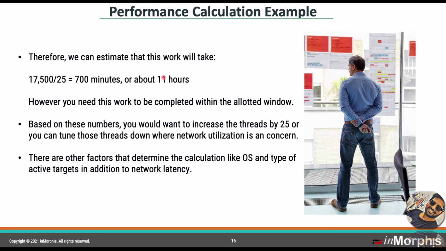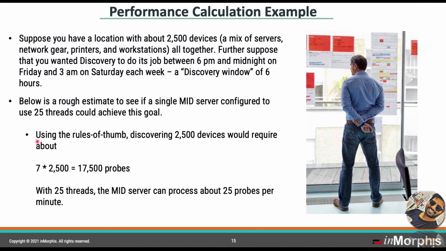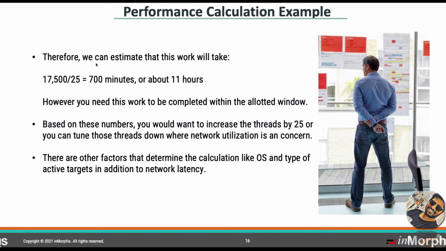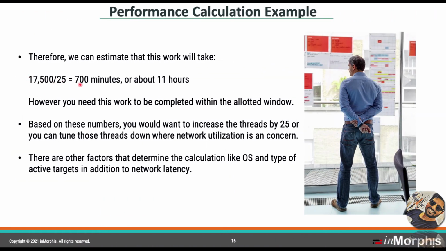So if I need to do it via a single machine, I cannot do it. And even then, instead of 25, I have to increase the number of threads. Instead of 25, if I do it with 200 threads, then 75,500 divided by 200 will again come to somewhere around 8 or 9 hours.